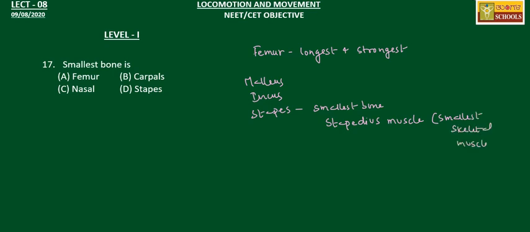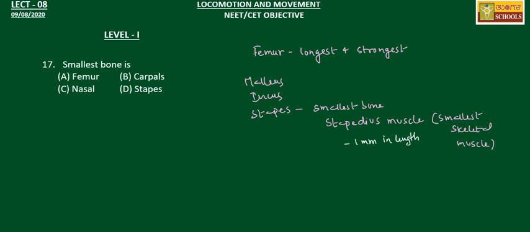So it keeps the stapes in position. So stapedius muscle attached to the stapes is the smallest muscle. So stapes is the smallest bone, and stapedius muscle is the smallest skeletal muscle, whose length may be around 1 mm. So it is 1 mm in length.